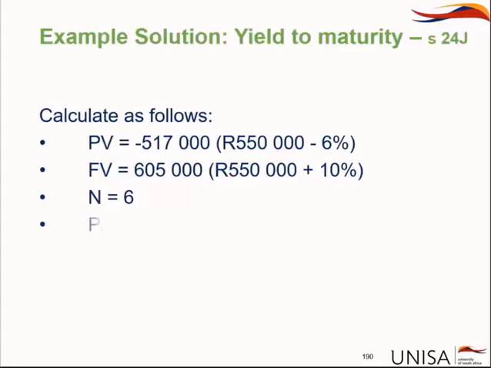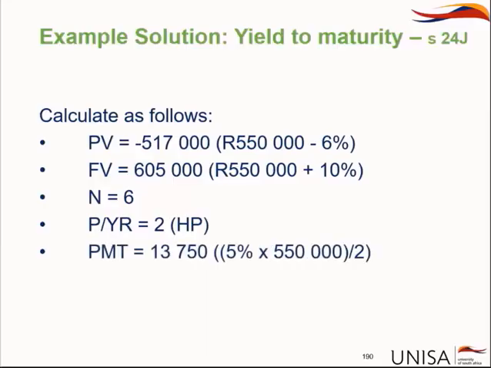And then if you've got an HP calculator, you'll need to put it in as PY for 2. And our payments are 13,750, which is the 5% on the 550,000, which again we divide by 2 because they pay every 6 months.